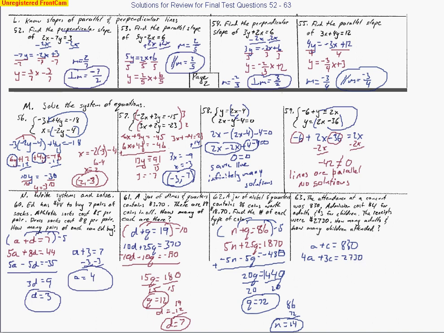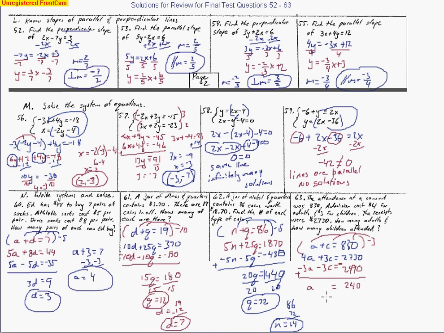So let's go ahead and multiply by one of these numbers. Top equation will multiply, how about by negative 3? And so each of those equations, and so we got negative 3a minus 3c equals, that makes 0, 9, and 24, and that's negative. And so when you add this stuff up, we'll end up with just 1a equaling, and then we go ahead and do that subtraction, and we get 240.